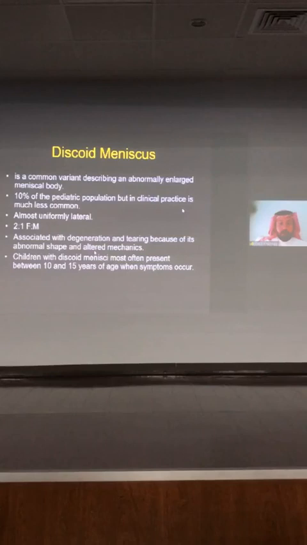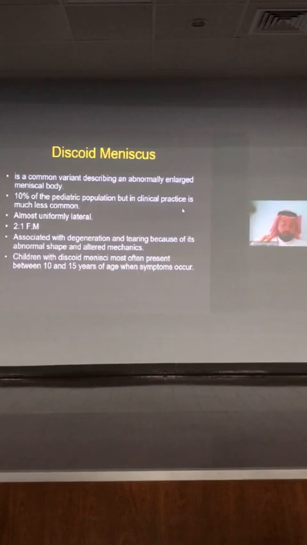Now, the discoid meniscus is a normal variant that we see, which is an inline meniscal body. About 10% of the pediatric population will have it, but in our practice we see it less.